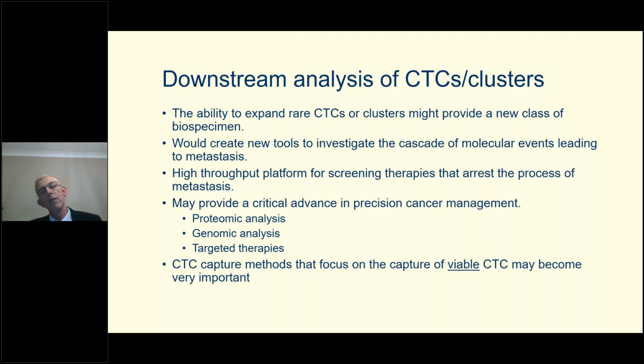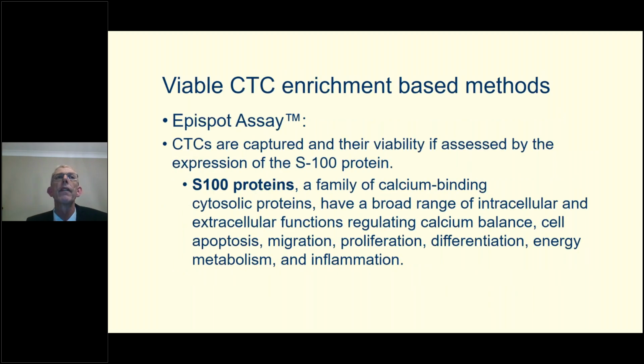But I think it's really important that we can capture cells that are viable and retain many of their active tumour properties. In terms of just touching on a couple of methods that evaluate the viability of circulating tumour cells, I just want to briefly touch on the EpCAM-Spot assay, which, whatever method you're using for the capture of your CTCs, you can check if they're viable due to the expression of something called S100 protein.